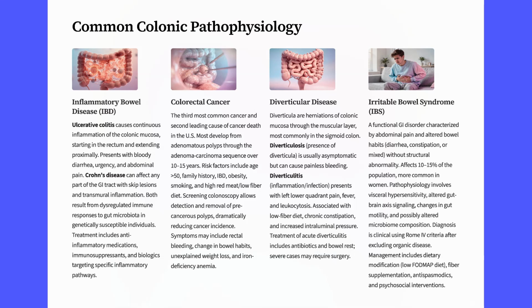Diverticular disease involves outpouchings of the colonic wall, common in Western populations. Complications include diverticulitis and bleeding. Colorectal cancer is the 3rd most common cancer worldwide, often developing from adenomatous polyps. Screening is crucial for early detection and prevention.